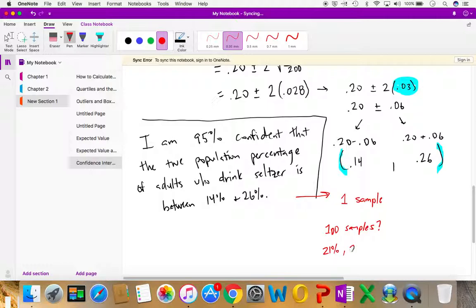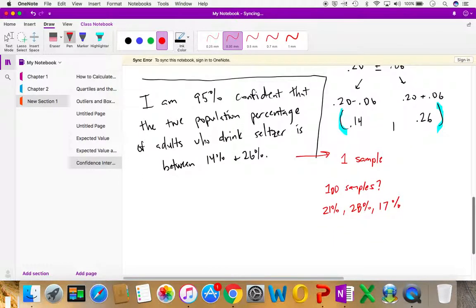Some of us may even get something like 28%. We may get something like 17%. I'm just making these numbers up. But what they all would have in common is they would share the same width, because this is purely based on our standard deviation and our sample size. So our width here is exactly 12%.